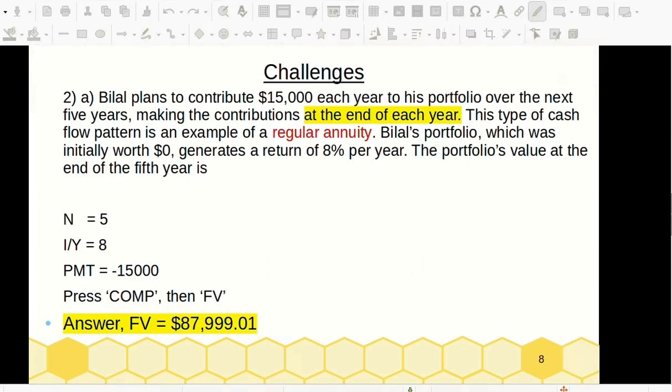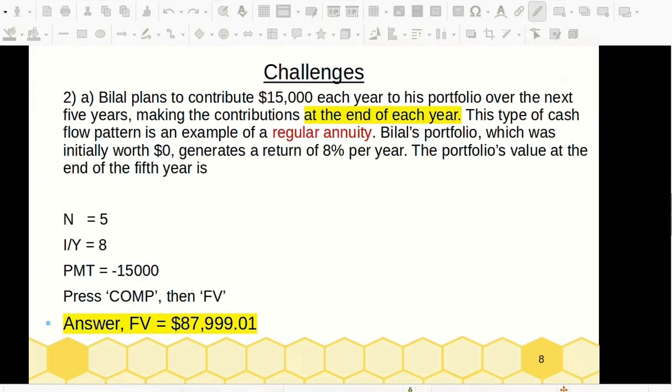Now, what's the portfolio's value at the end of the 5th year? The main point to note here is that the contributions would be made at the end of each year. Therefore, you need not activate the beginning mode. This type of cash flow pattern is an example of a regular annuity.